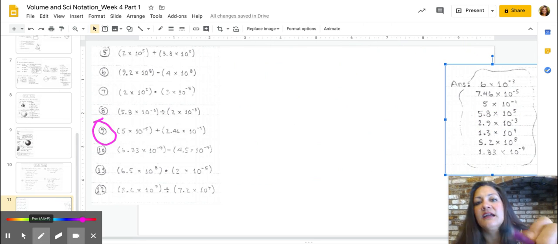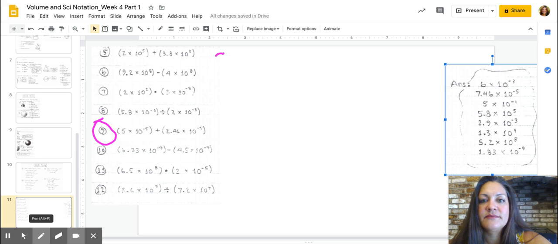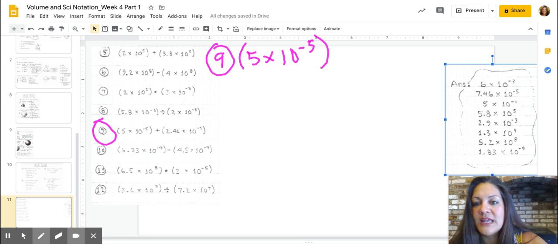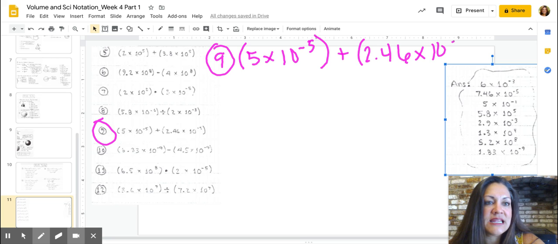Number 9. Okay, 5 times 10 to the negative 5th plus 2.46 times 10 to the negative 5th.